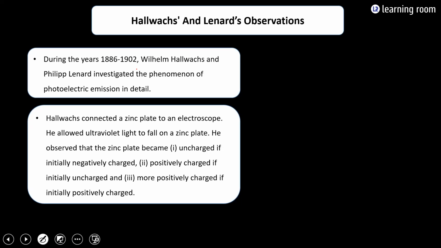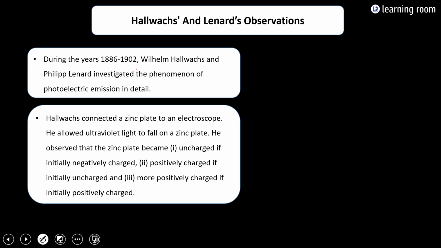Because that high voltage spark was observed with the help of ultraviolet light, they took the same light. He allowed ultraviolet light to fall on a zinc plate, and three scenarios were observed. The zinc plate became uncharged if it was initially negatively charged; when the light fell on it, it became neutral.